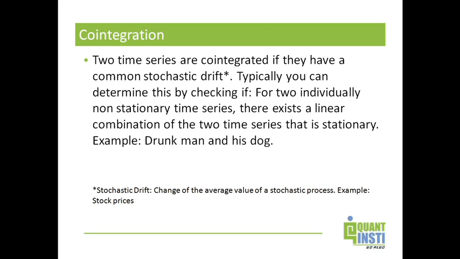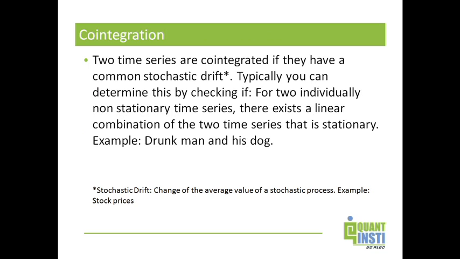So what do we mean by common stochastic drift? It's basically the change of the average values of a stochastic process. For any stochastic process, the change which is happening in the average values, that we call stochastic drift.